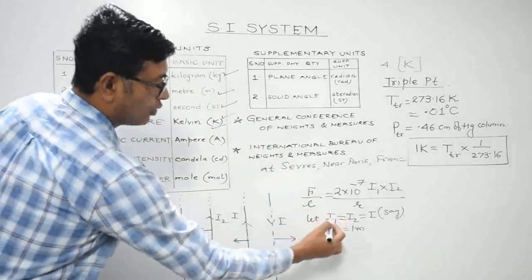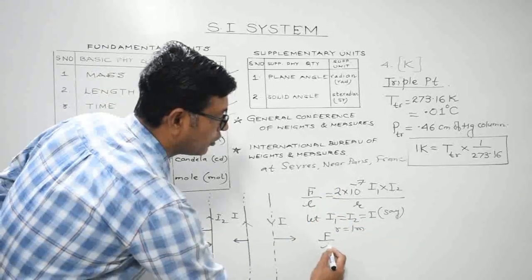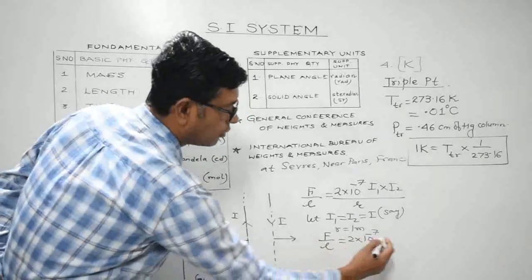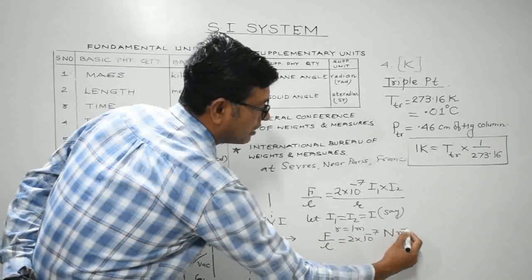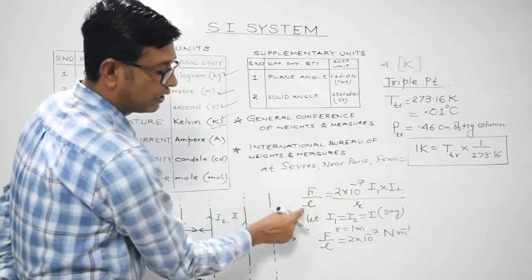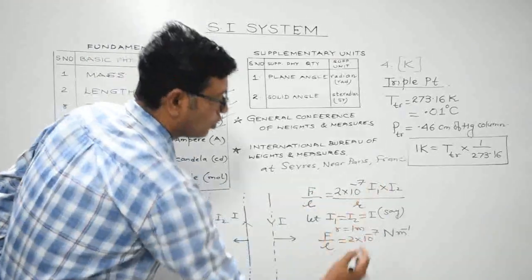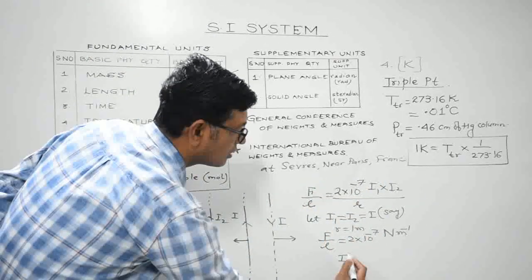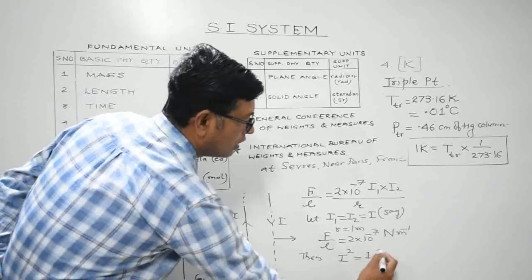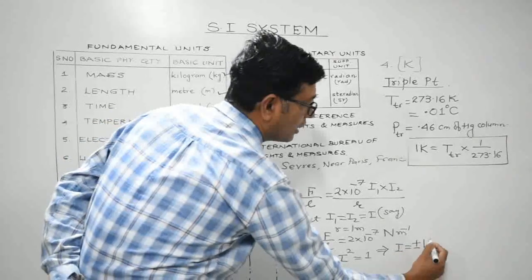If we substitute these values and also consider the force per unit length to be 2 into 10 raised to minus 7, its SI unit would be Newton per meter, then the 2 into 10 raised to minus 7 on both sides cancels. r is equal to 1. So what do you get? I1 into I2 is I square, equal to 1, which implies that I is equal to plus or minus 1 ampere.